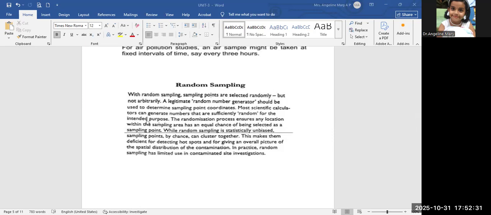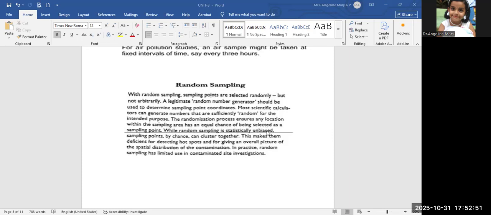Most scientific calculators can generate numbers that are sufficiently random for the intended purpose. This randomization process ensures any location within the sampling area has an equal chance of being selected as a sampling point.